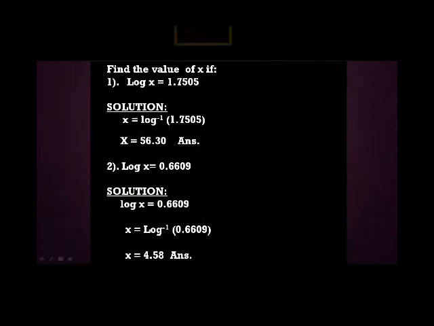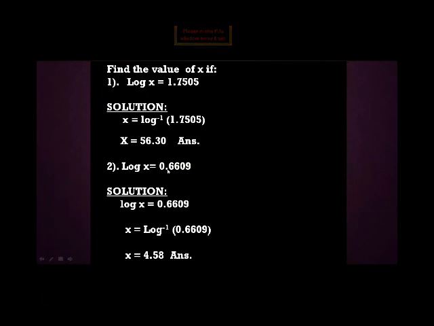So this becomes 56.30. How will you insert the point? Add 1 to the characteristic here. 1 plus 1 is 2. So put the decimal after 2 digits. So it becomes 56.30.